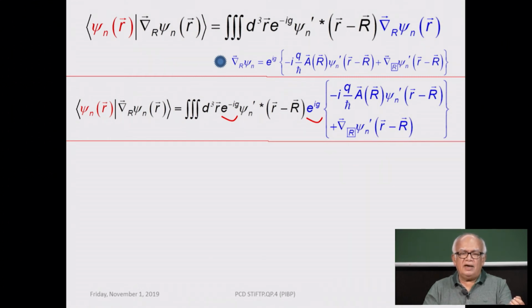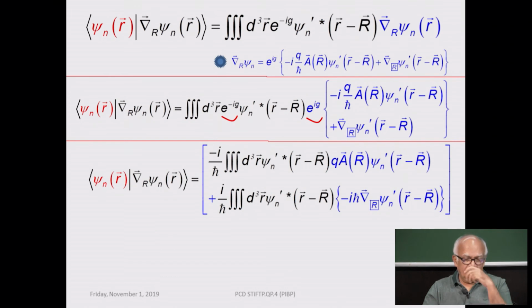Now you have e to the minus ig and e to the plus ig, which simply come as multiplicative factors. So you do not need to write them, and what is inside this curly bracket, in this beautiful bracket in the blue terms, there are actually two terms corresponding to which I write two integrals. Okay. What is the first integral?